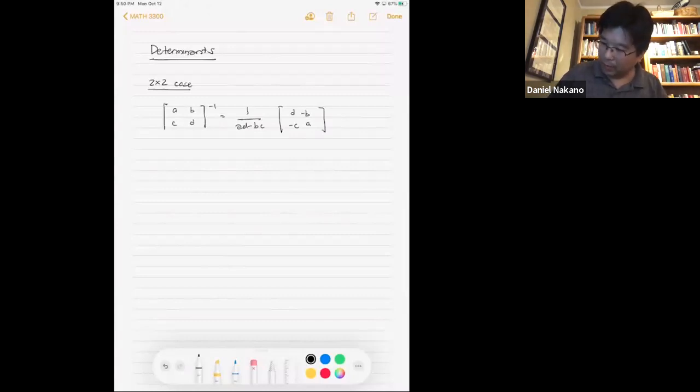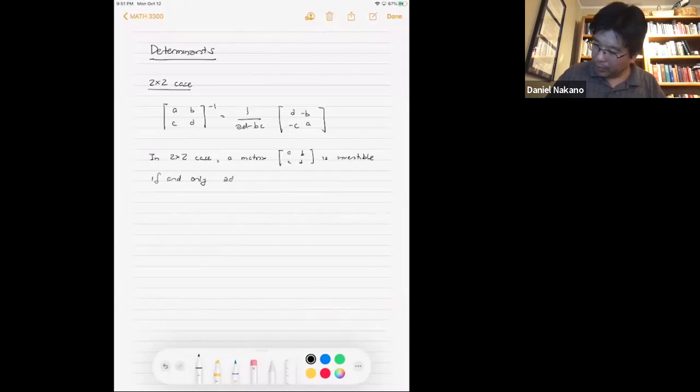In the 2 by 2 situation, the matrix is invertible if and only if AD minus BC is not equal to 0.